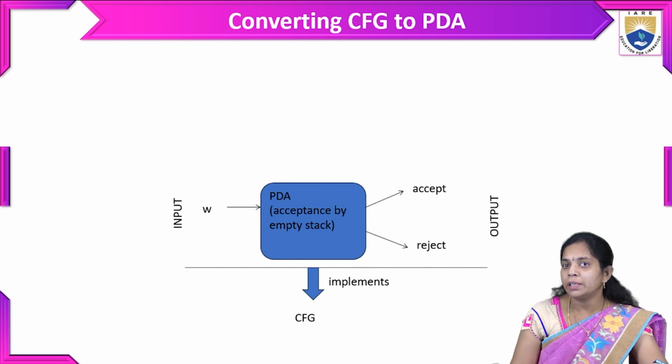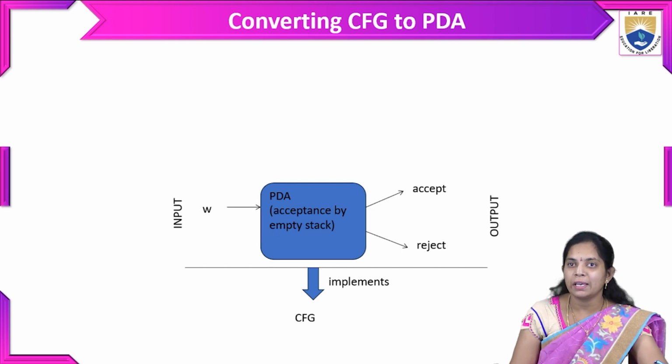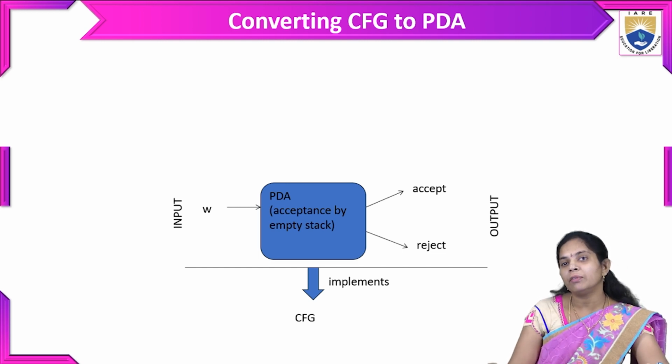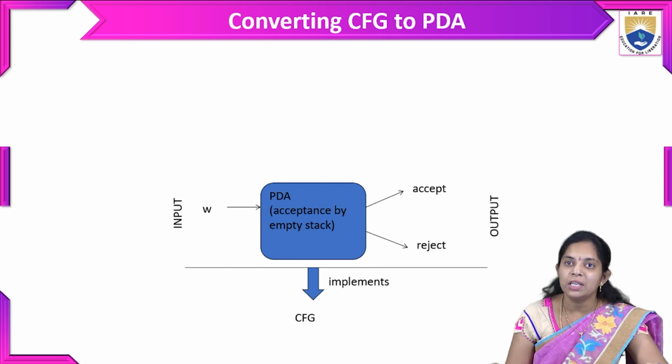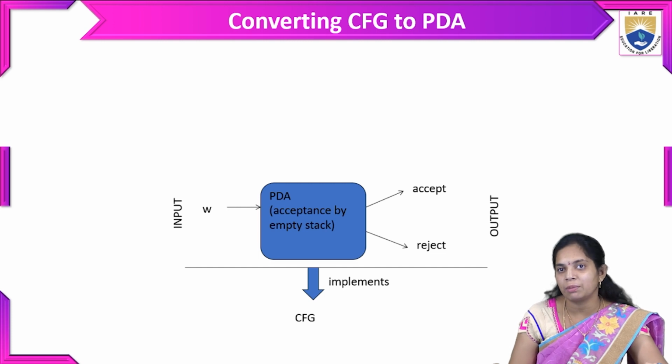We already know how to construct a pushdown automata. It requires a stack. According to the stack acceptability, after reading the input string, when the stack is empty, it is named as the empty stack acceptability.